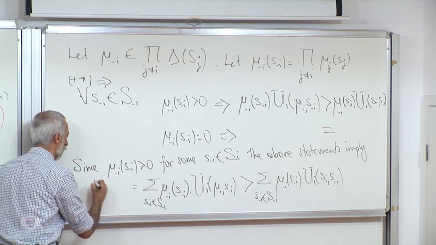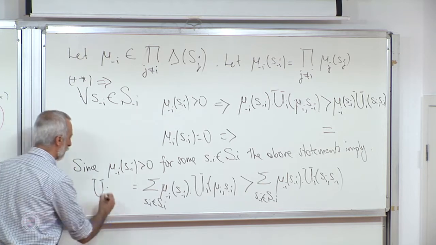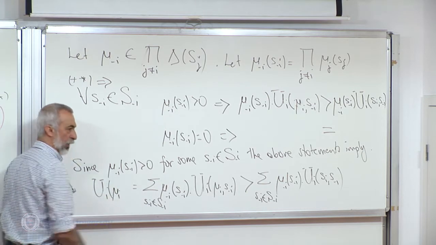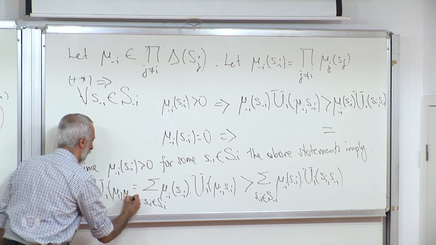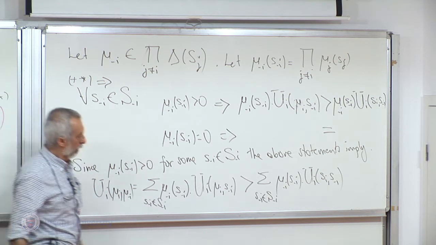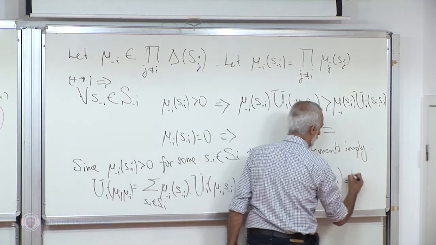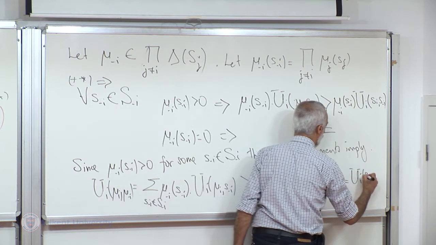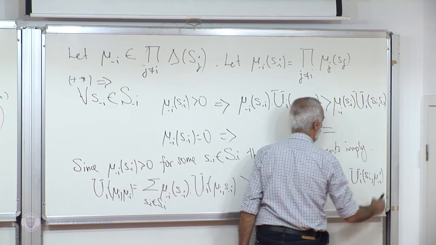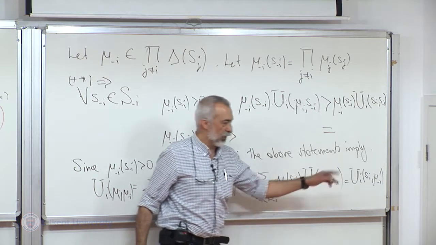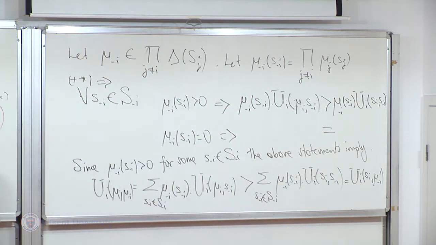This is the expected payoff that agent I would get if he plays the mixed strategy mu I and his opponent plays the mixed strategy mu minus I. This is the expected payoff that agent I would get if he plays SI and his opponent plays the mixed strategy profile mu minus I. And that's it.